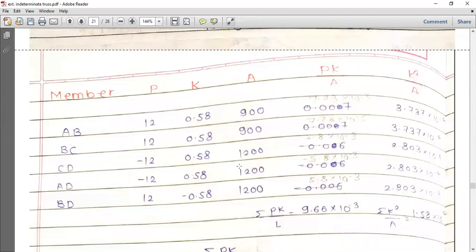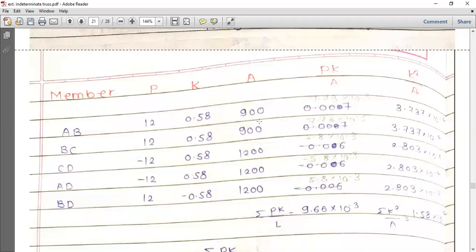We have written the area of every member, and this part is given in the example itself. Here in this example, the length of every member is the same.